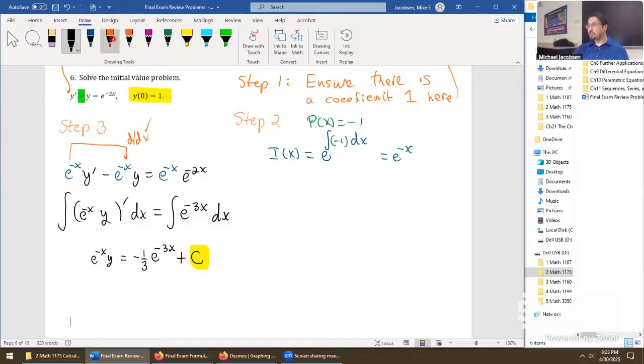Okay, let's bring in that initial condition down. This initial condition says x = 0 implies y = 1. So we use these as ingredients to plug into this equation. It must check as true because we're requiring our curve to pass exactly through that point. So coming back here, we have e power -0 times 1. -0 always looks a little bit weird.